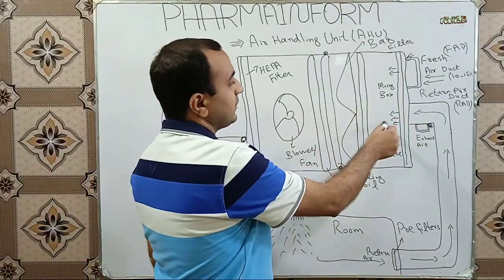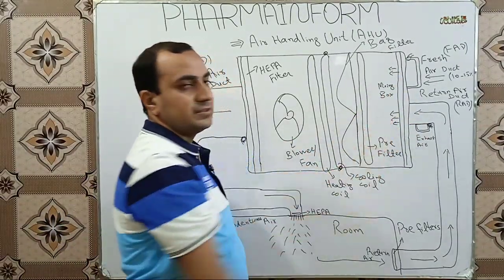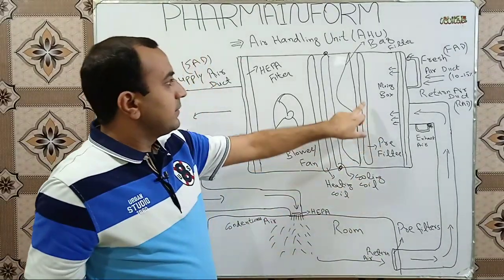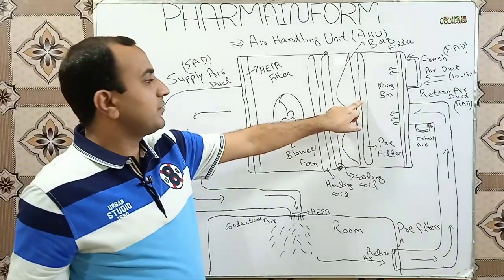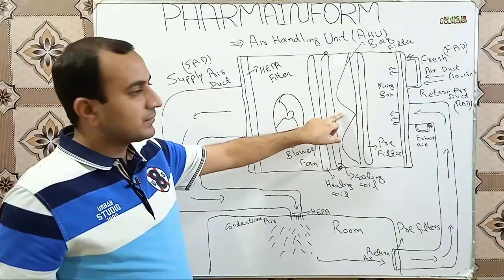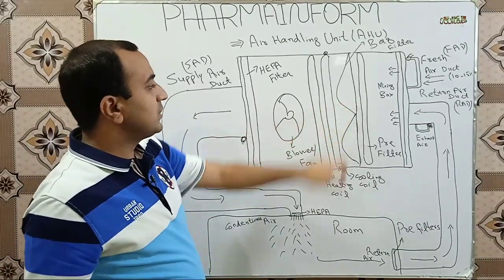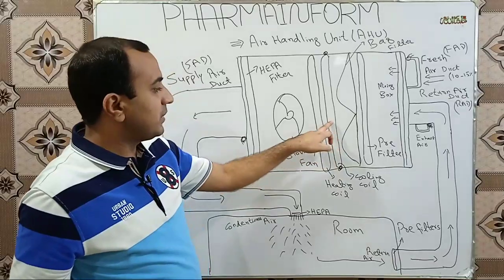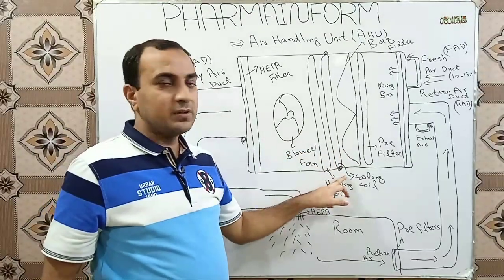So return air and fresh air are mixed in this box. Then this air passes through the pre-filter. After passing through the pre-filter, it passes through the bag filters, and after passing through the bag filters, it flows through the cooling coil.